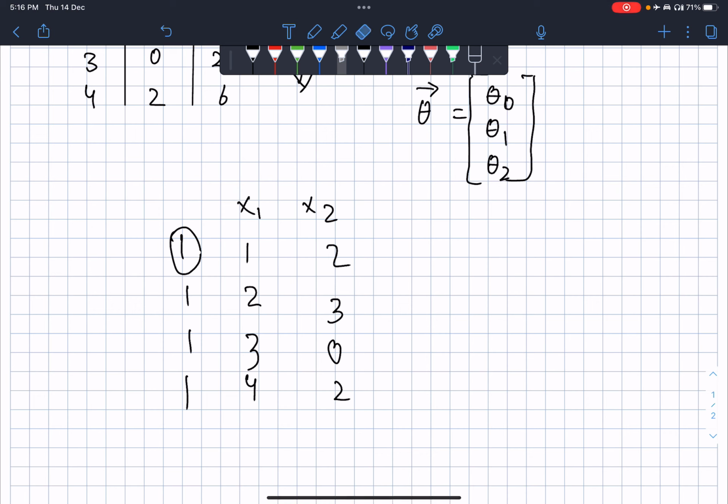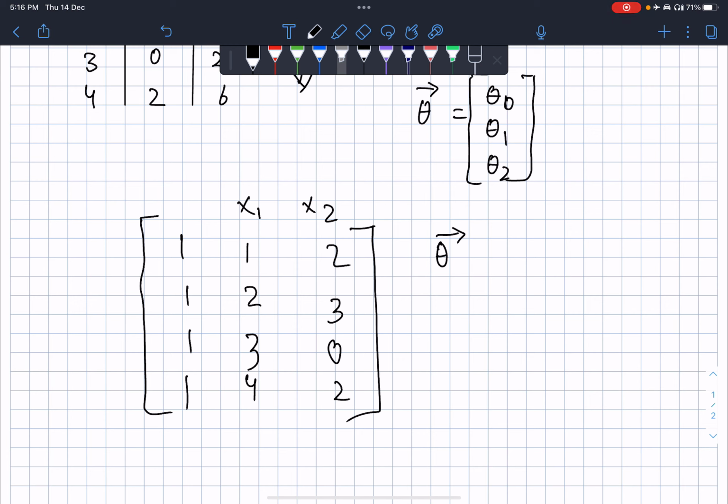Now we have our matrix like this, and we have our theta vector, theta 0, theta 1, theta 2.